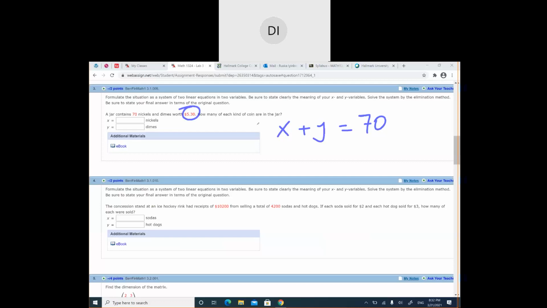Now if it's $5.30, you know that one nickel is 5 cents, right? And one dime is 10 cents. So I multiply 5 times x plus 10 cents times y, and that is going to be equal to the money amount. The money amount is given in dollars, so I'm going to change $5.30 to 530 cents.